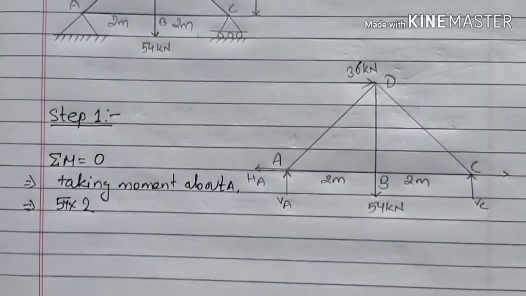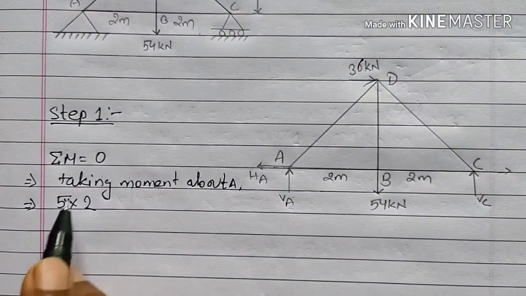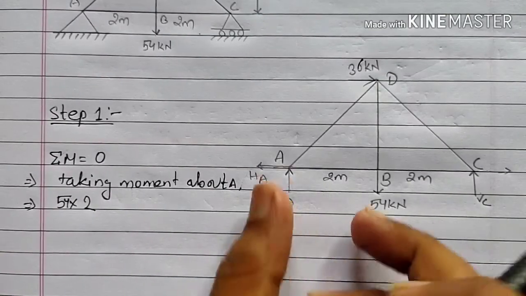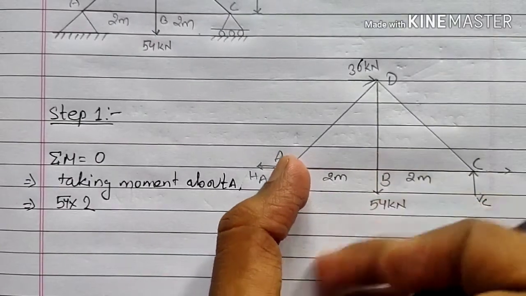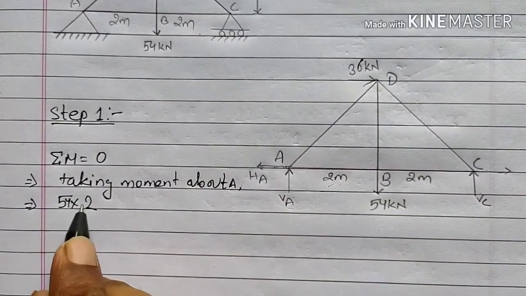So on taking moment about A, we will have here 54 into 2, as 54 kilonewton is acting in clockwise direction and the span is 2 meter from point A. This will be 54 into 2.